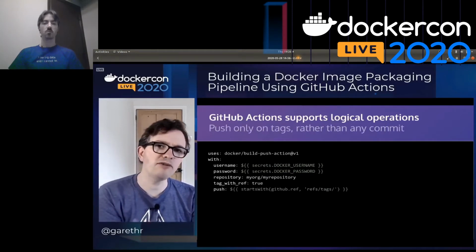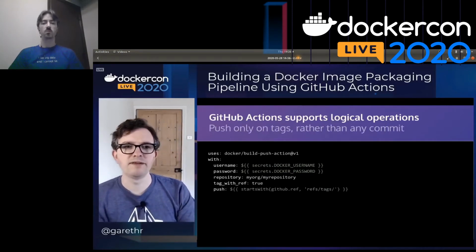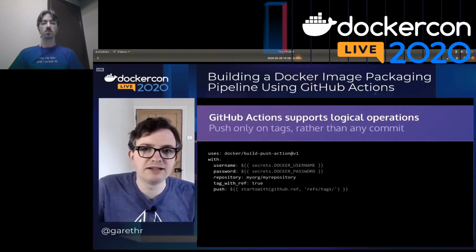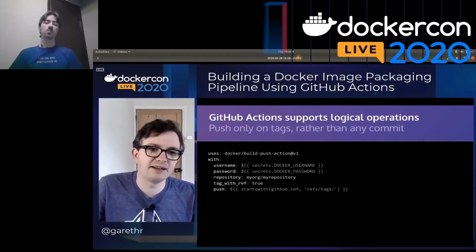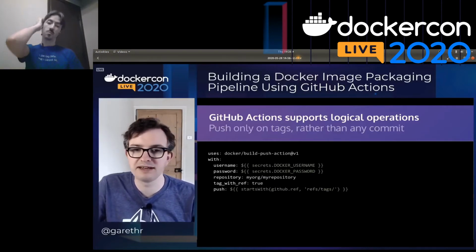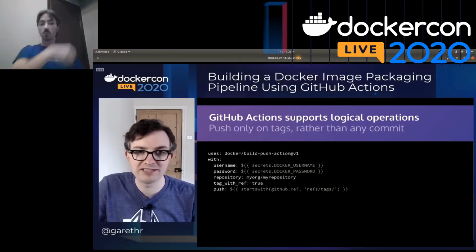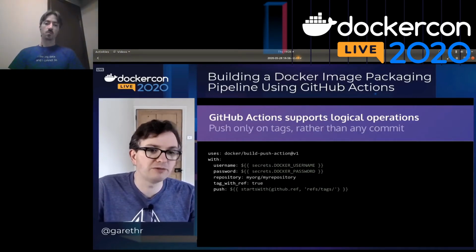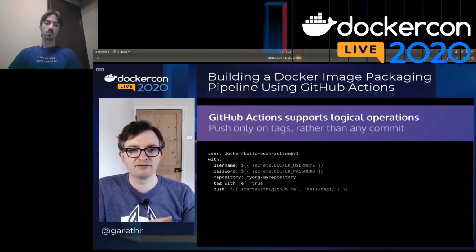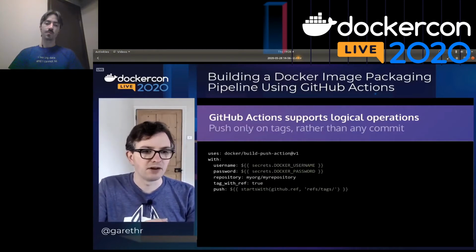But it gets more powerful in two different ways. The first one is integration into GitHub Actions itself. So take the idea of only pushing an image when you have a tag. A very common workflow that ultimately is really easy in declarative fashion here. So push is a Boolean, should we push or not? And all we're doing is saying, does the GitHub ref start with refs tags?